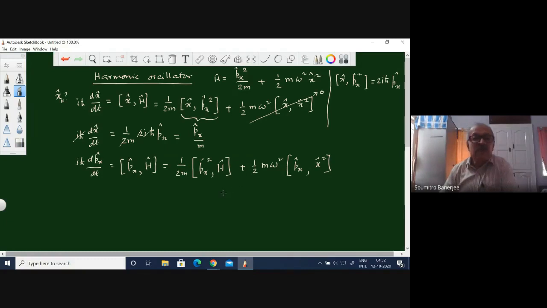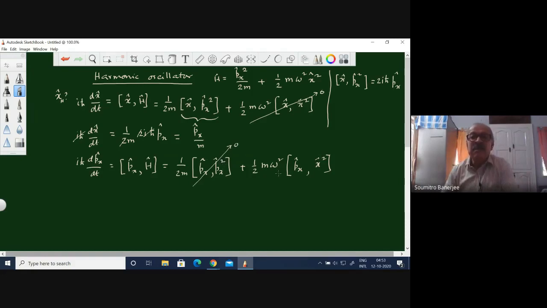Sorry, I have written wrongly. px comes from here and px square comes from here. And this obviously is 0 because px commutes with px square.